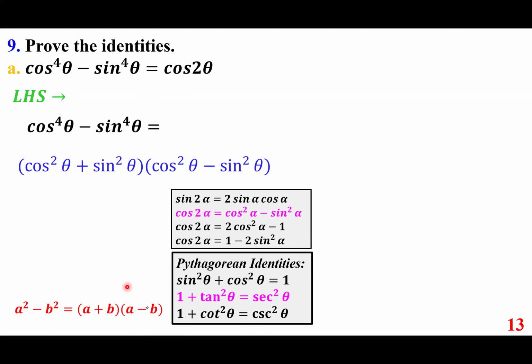These are conjugates, a plus b and a minus b. Obviously, sine squared and cosine squared add up to 1, so you can just ignore it. And cosine squared minus sine squared is the cosine of the double angle, cosine of 2 theta. And that's exactly what we were looking for.